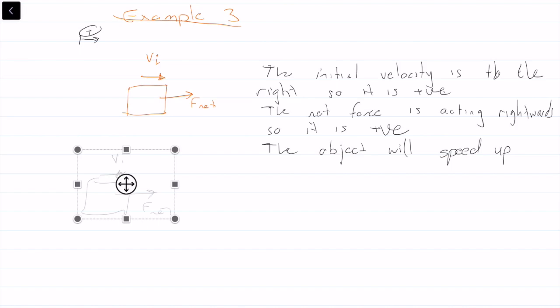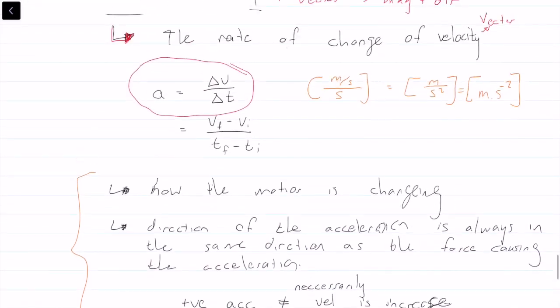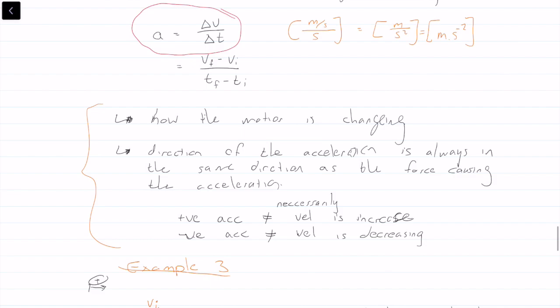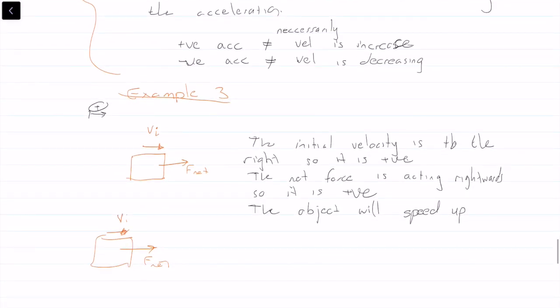In this video, I wanted to draw attention to what acceleration is, the units of acceleration, and the idea that a positive acceleration doesn't necessarily mean the velocity is always increasing, and a negative acceleration doesn't always mean the velocity is decreasing. In this example, we had a positive acceleration, which resulted in a positive velocity, or the object speeding up. But in our first example, we had a different case.